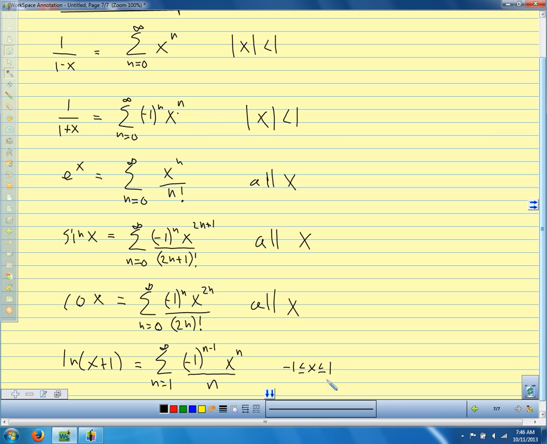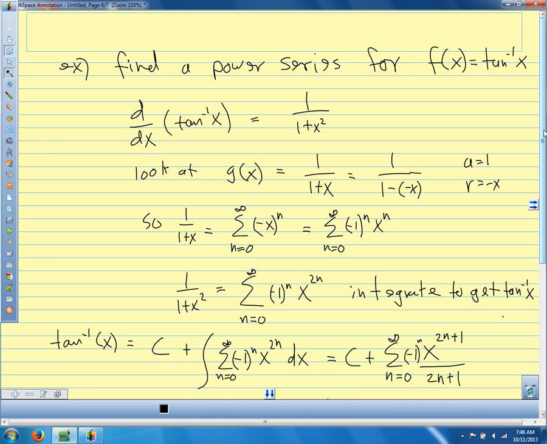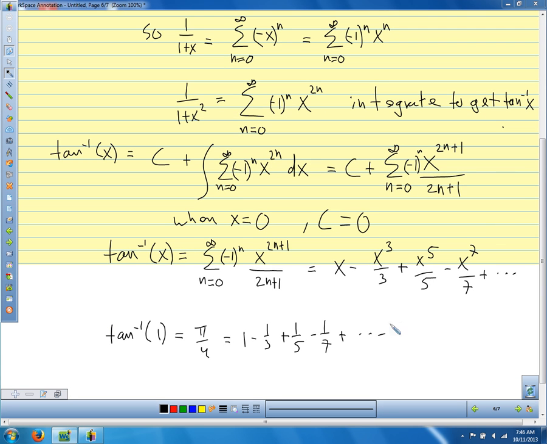And we just came up with one for inverse tangent of x. And I forgot to write our inverse tangent of x converges on our interval is -1 to 1 for inverse tangent of x.